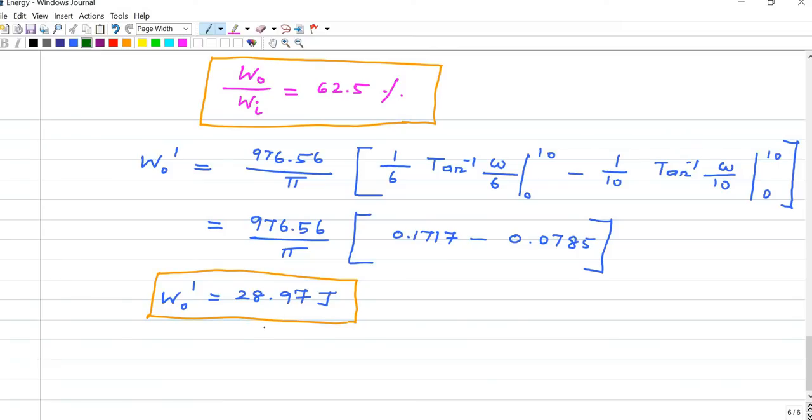Now we can find the percentage of energy contained in the band from 0 to 10 radians.